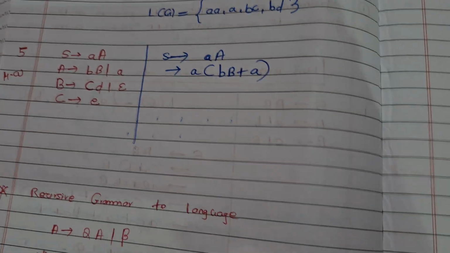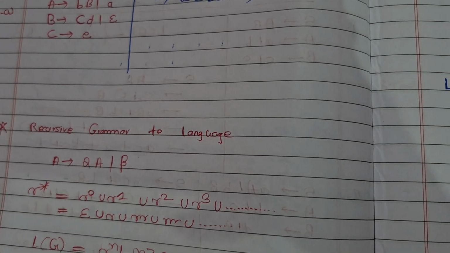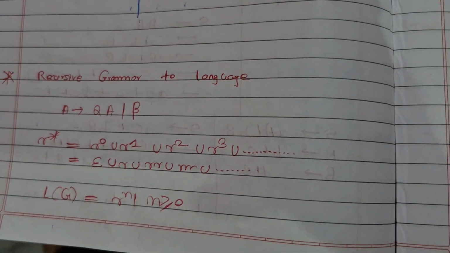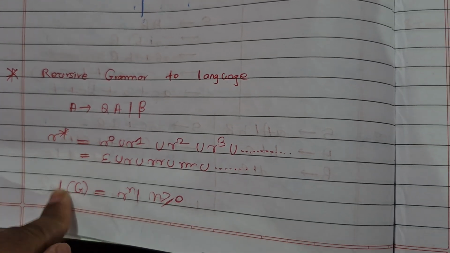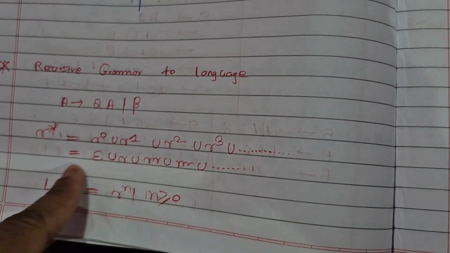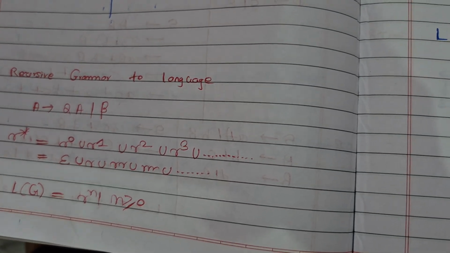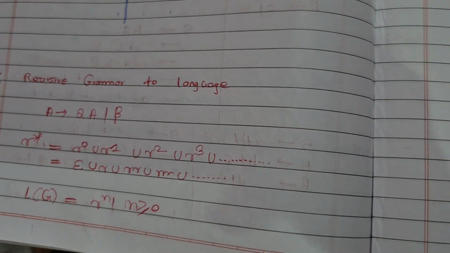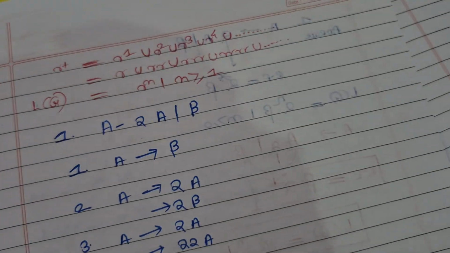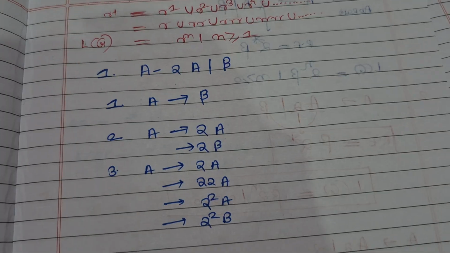It's very easy. Then recursive grammar to language. Before that, this is a very basic concept from TOC: what is R star. Star means it starts from 0, R to the power 0 basically, and plus starts from 1.